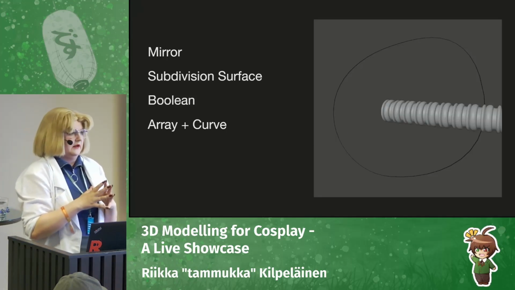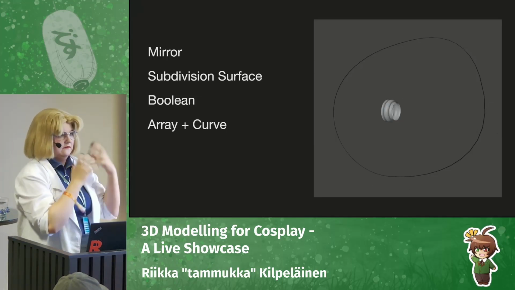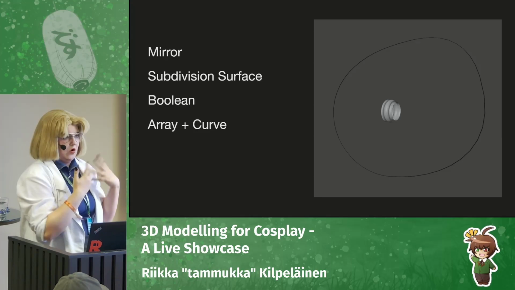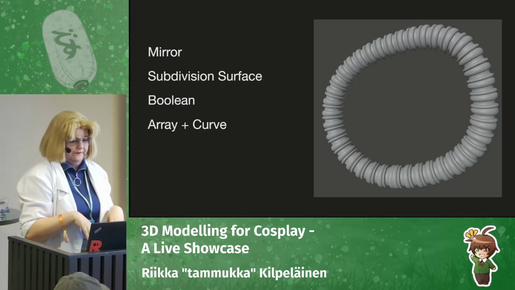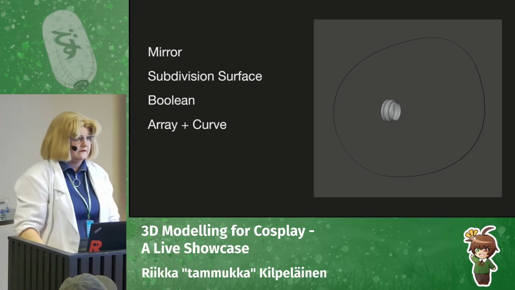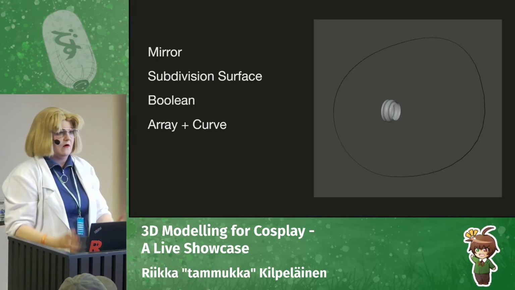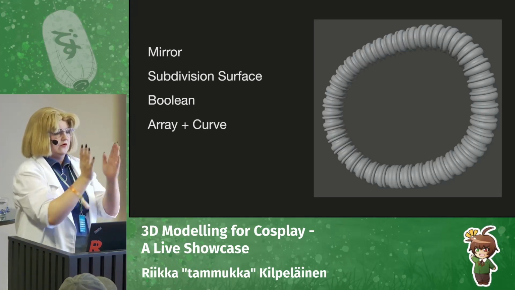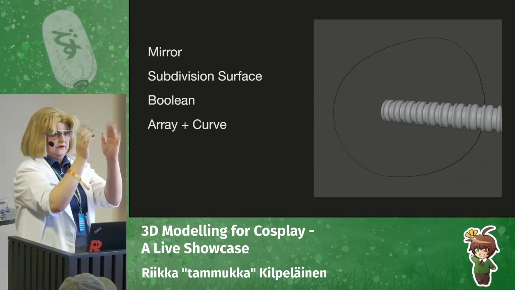So let's say you were making a gas mask and it had this kind of hose thing attached to it. You could use this. Array is also very useful in other instances. Like let's say you're making a car tire and you only want to model one segment of it.